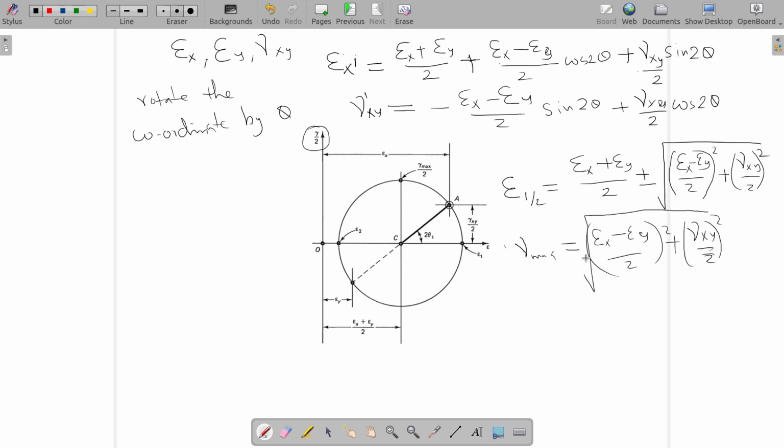This will be the magnitude of maximum shear strain. And here, yeah, a negative will be there, which we deal with by inverting the coordinate system in the y-axis.